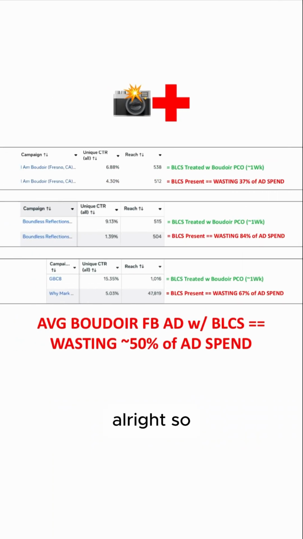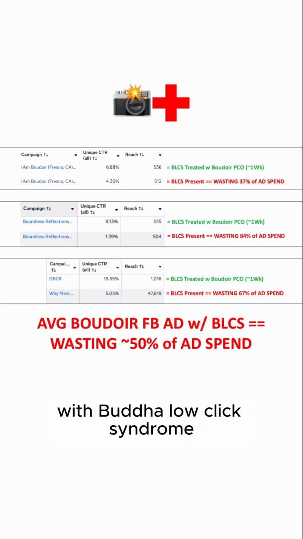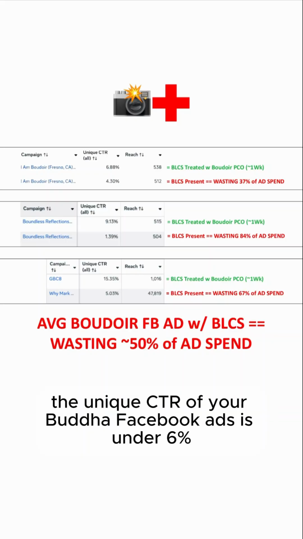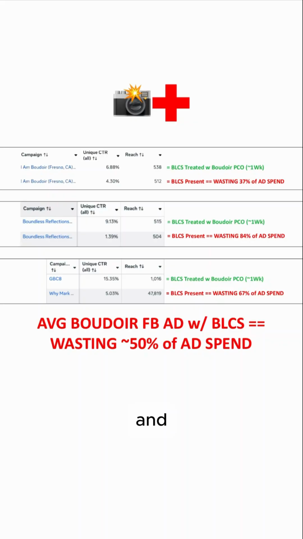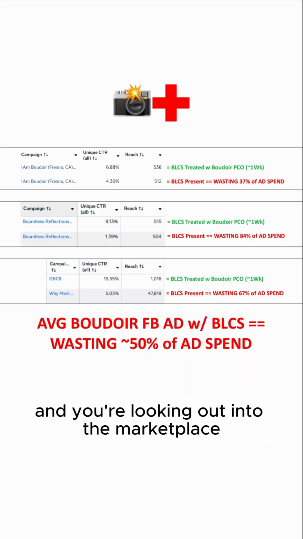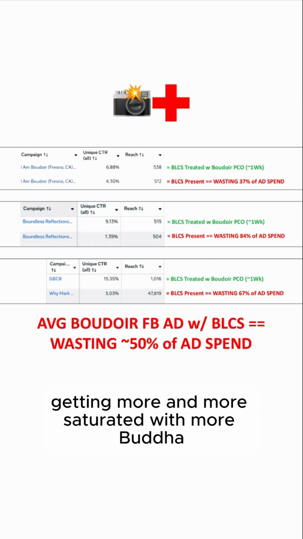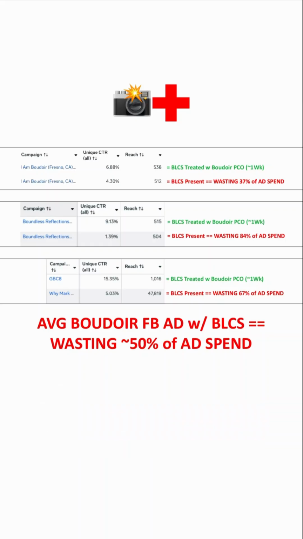All right, so if you're a BLCA with BLCS, if you're a Boudoir low click advertiser with Boudoir low click syndrome, the unique CTR on all of your Boudoir Facebook ads is under 6%, and you're spending more than 10 grand a month on Boudoir Facebook ads, and you're looking out into the marketplace, seeing it getting more and more saturated with more Boudoir photographers every day.